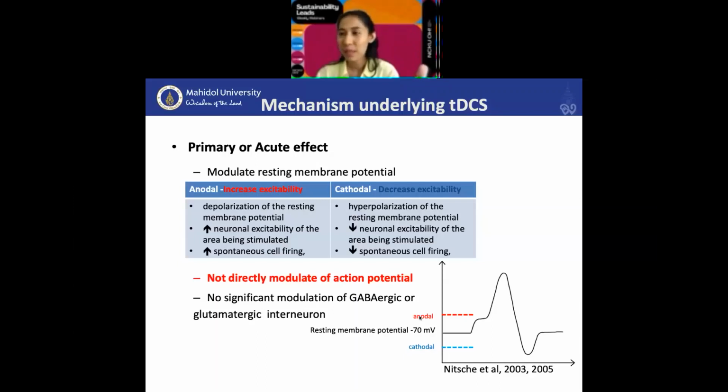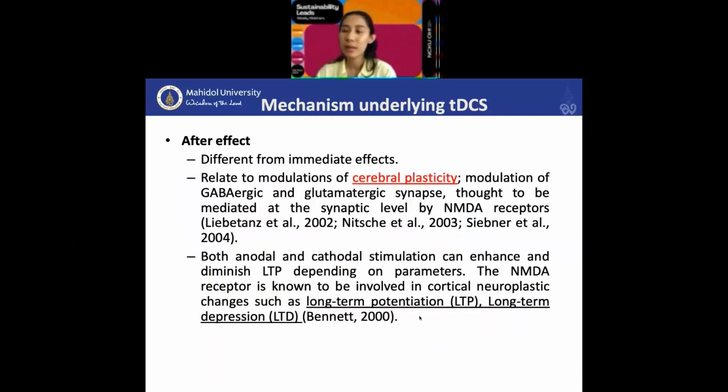This is a good point because in theory, it cannot induce seizure, since it cannot directly induce action potentials in the brain. So in the acute effect, there is no modification of GABAergic and glutamatergic interneurons in this phase. But for the after effect, yes, it's different.